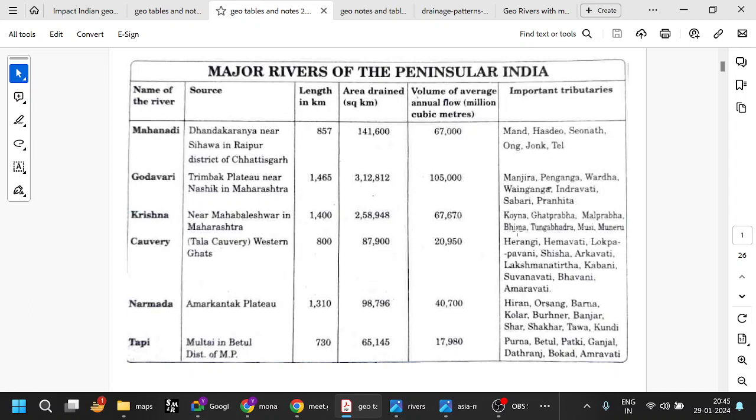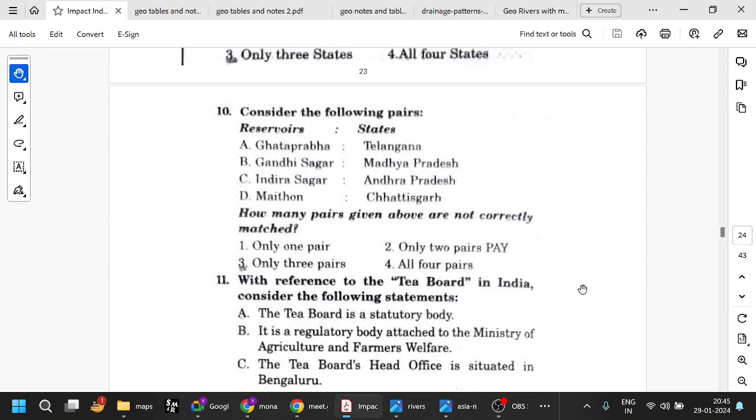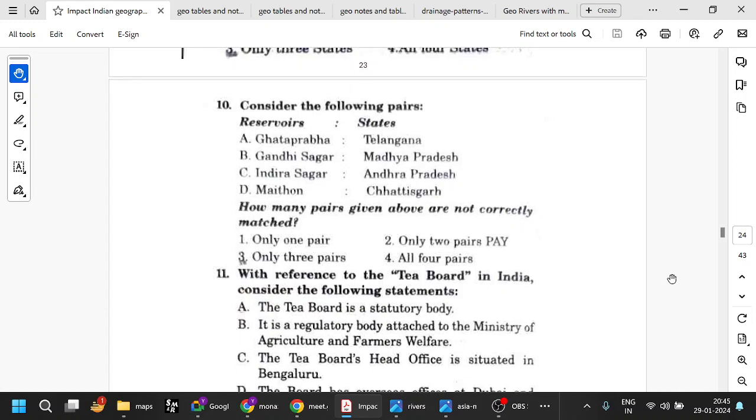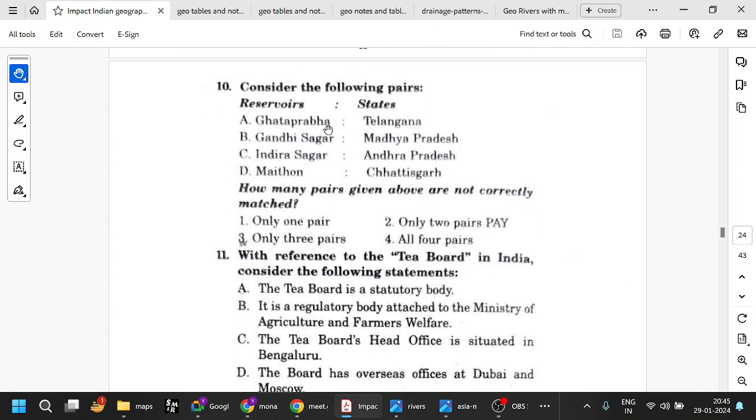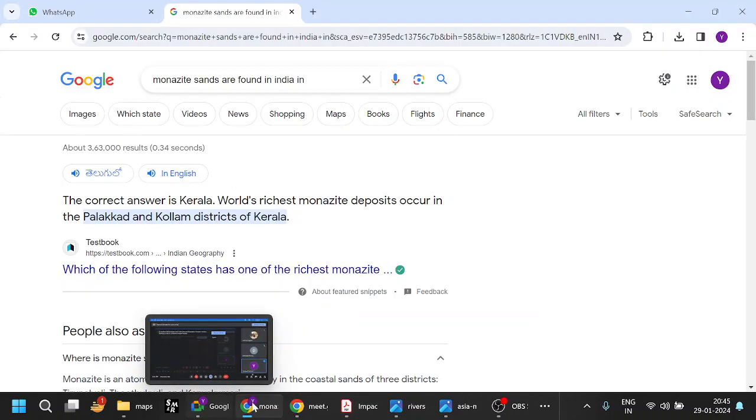Ghataprabha, Malaprabha, Koyna, Bhima, Tungabhadra, Musi, Munneru, they're all tributaries of Krishna. So Ghataprabha, okay, fine. States: Maithon, Indira Sagar, Gandhi Sagar. Let's just a minute.